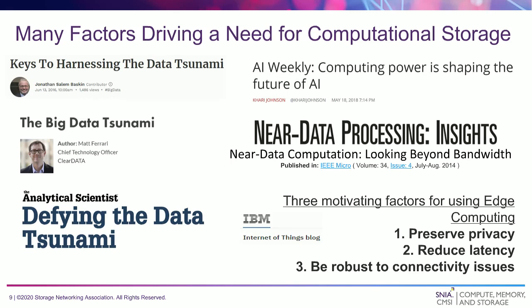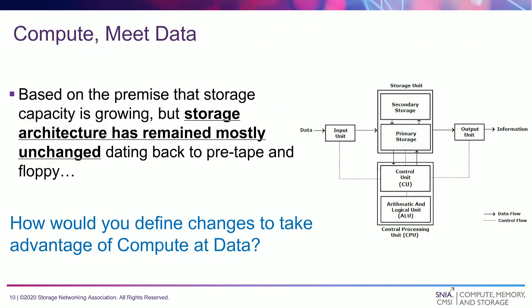On top of that, there are a few other reasons why computational storage is needed. The concept of bringing compute to data is not new, but mature technologies such as PCIe, NVMe protocol, and FPGA and CPU technologies came to a crossroad where we can use them inside the storage and enable computational storage.